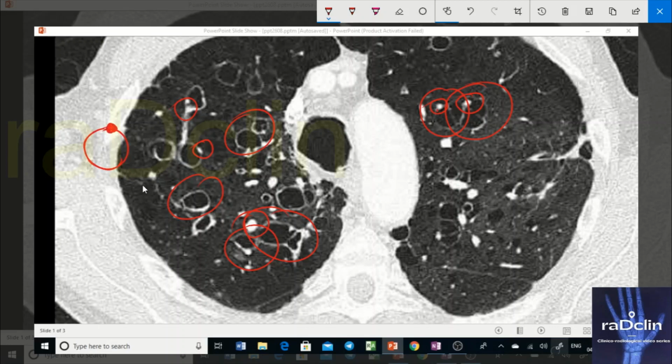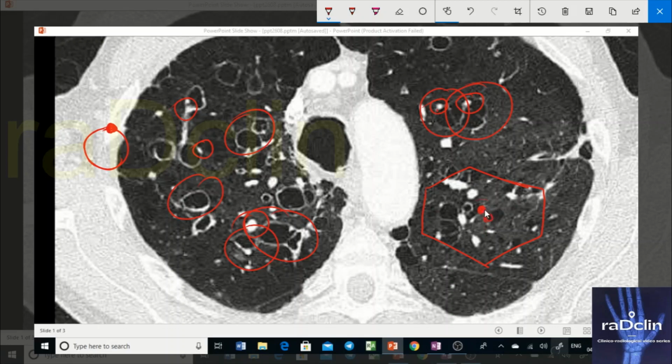Okay. And if you remember the secondary pulmonary lobule, which is like this. In the center of the secondary pulmonary lobule, you have a central branch of the pulmonary artery, and you have a bronchiole here. These are the two structures in the center of a secondary pulmonary lobule.